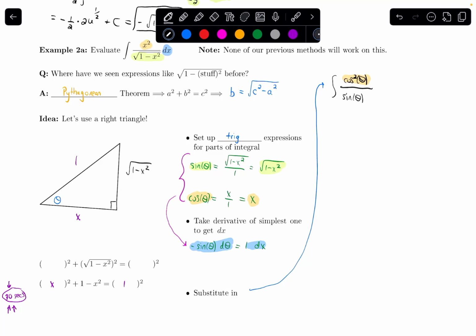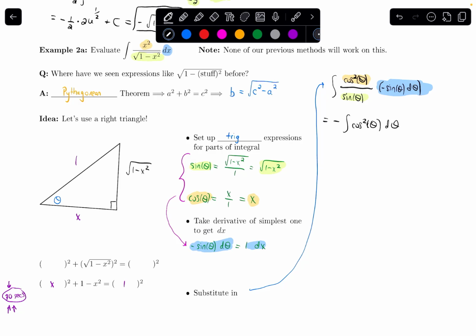That square root term was just sine of theta. And then finally, there's that dx at the end. And we just got dx. We put that in blue. dx is negative sine theta d theta. Okay, awesome. So I can cancel the sines. I can pull the negative in front, and I get negative integral of cosine squared theta d theta.